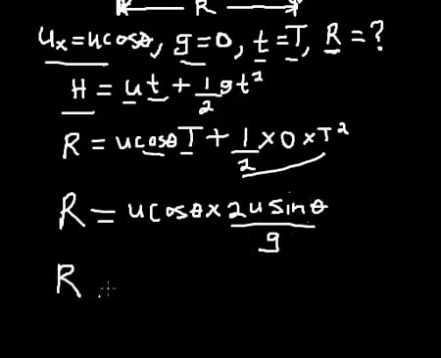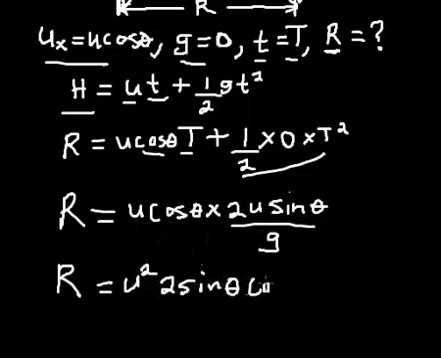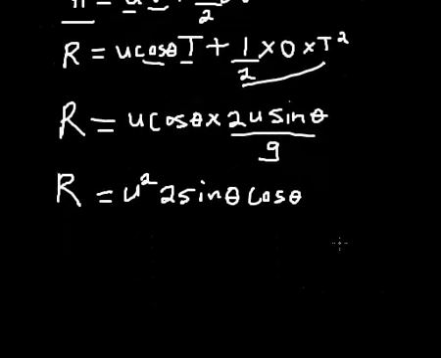So now I have that my range is going to be equal to, let's multiply this: u multiplied by u will give me u squared, and of course 2 sine theta multiplied by cos theta will give me 2 sine theta cos theta, then divided by g.